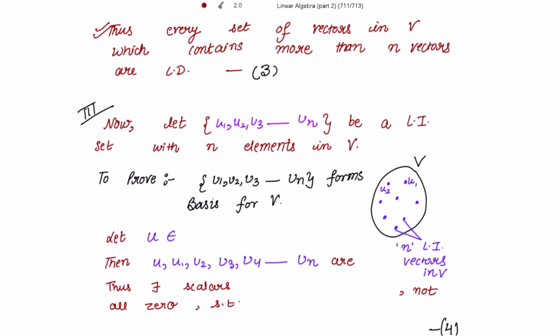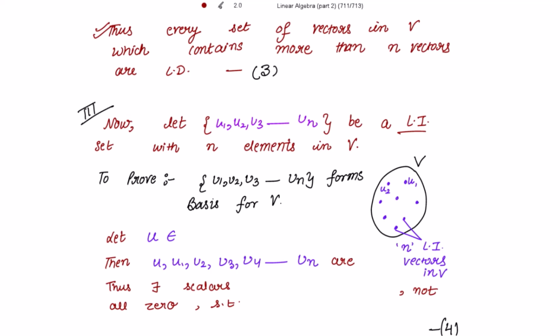And to prove that these form a basis for V. For basis, two things are required. The vectors should be linearly independent, which is given to us. And second thing is, these are the generators for V. So required to prove that these are the generators for V. One thing is already given to us. Second thing we need to prove for basis.